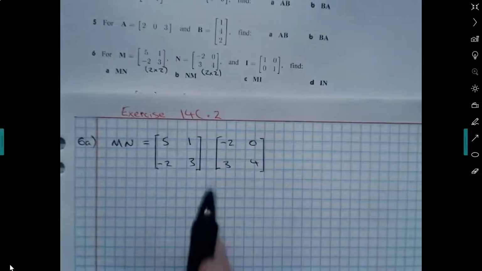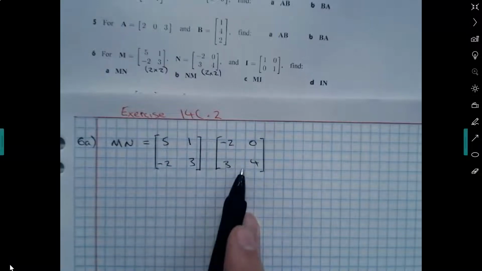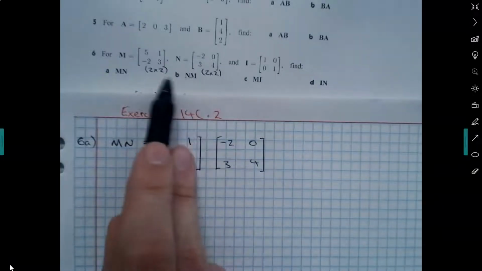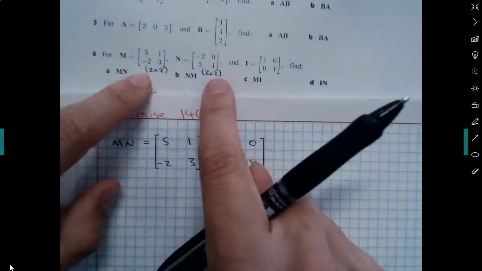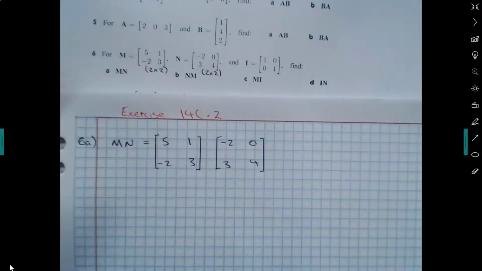Alright, so like I said, since this is a 2 by 2 and this is a 2 by 2, we can do the multiplication because those two numbers are the same, and our resulting matrix is going to be a 2 by 2 because that's what those two values there tell us.